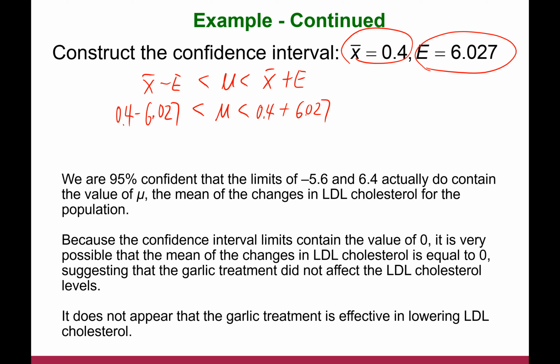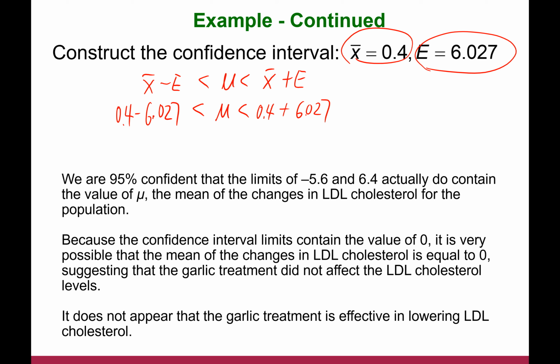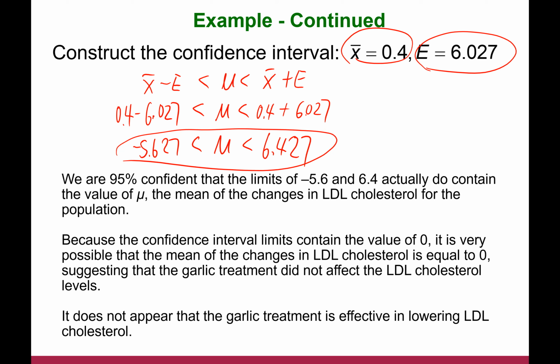Let's see the lower limit: 0.4 minus 6.027, negative 5.627. That's the lower limit. The upper limit is 6.427. So we are 95% confident that the confidence interval of negative 5.6 to 6.4 actually does contain the true population mean.